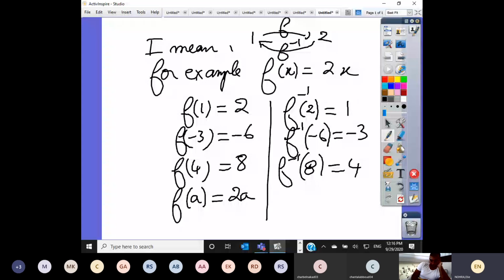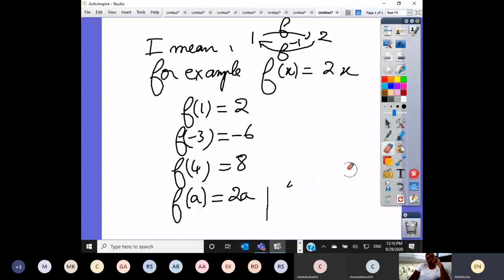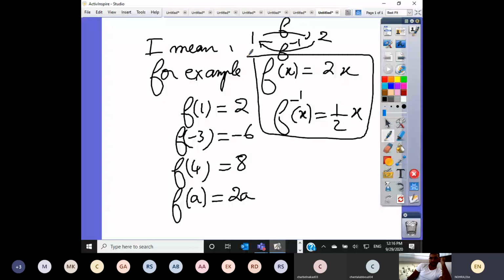Yes, the more difficult question, but it doesn't mean it's hard, just harder than the previous ones. In your opinion, what is f minus 1 of x in this example? I need to find the reverse: instead of multiplying by 2, what do I do? It is the half. 100%, bravo. So in this case the inverse of this function, f minus 1 of x, is the half of x according to this notation.